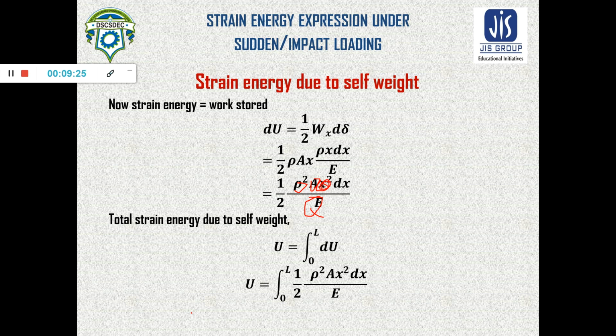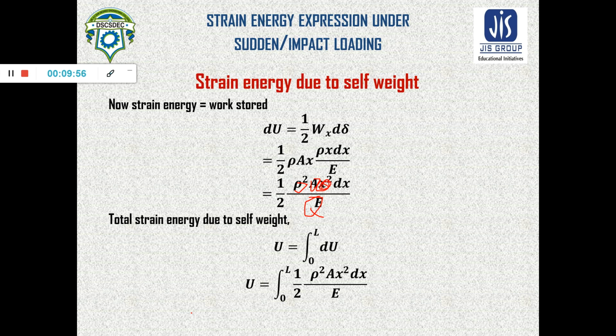To calculate the strain energy for the whole element, we have to integrate it from 0 to L, because x varies from 0 to L. So U is equal to integral from 0 to L of half ρ² A x² dx by E.